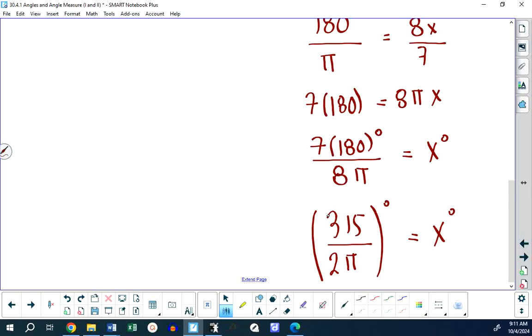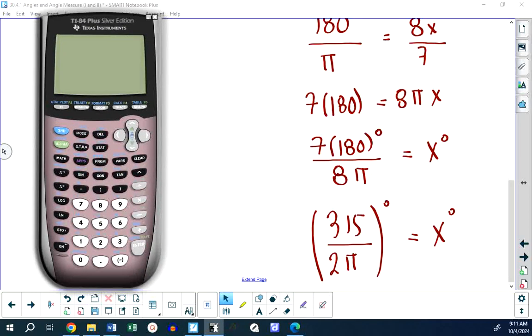So I would like everybody to enter in 315 divided by 2 pi on your calculator. Man, that's going to be very close to 50, isn't it? However, did anybody not get something close to 50?